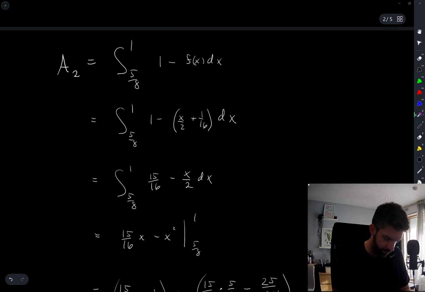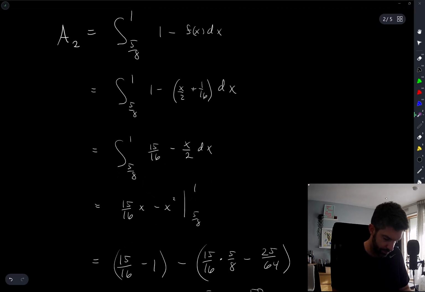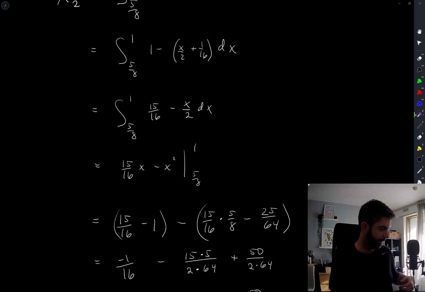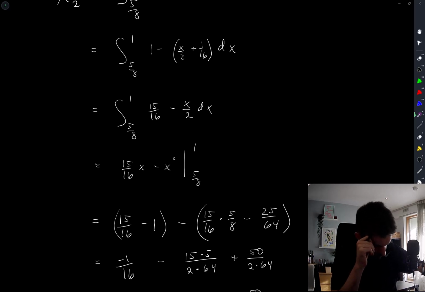This function is positive. If x is equal to 5 over 8, I get 15 minus 5 over 16, positive. If x is equal to 1, it's positive.